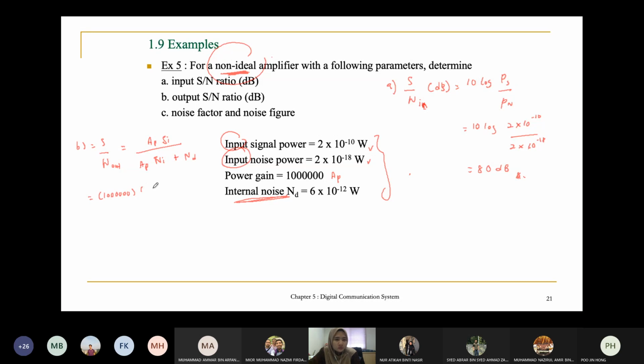Signal in, this one, divide by noise power plus the internal noise. So the answer is berapa?